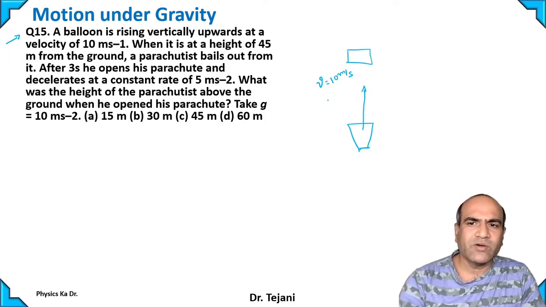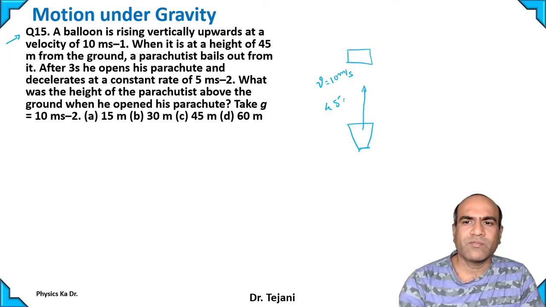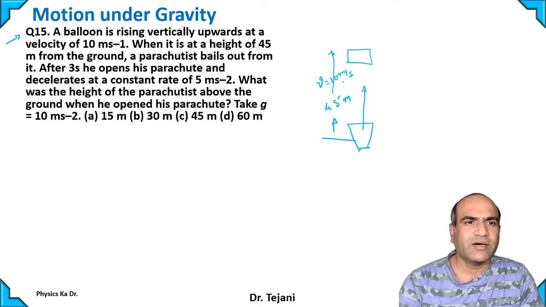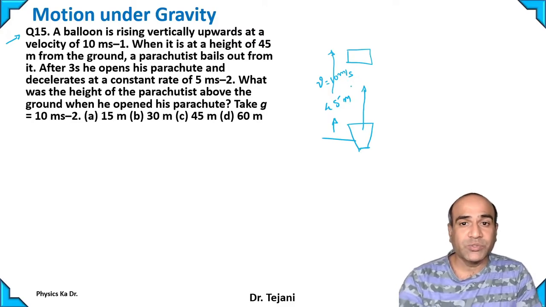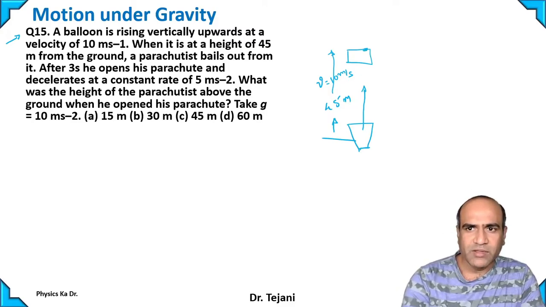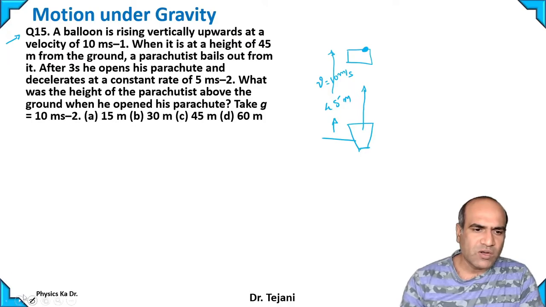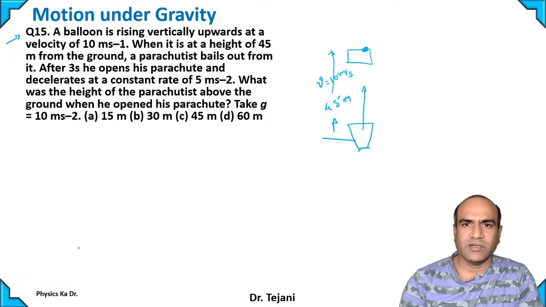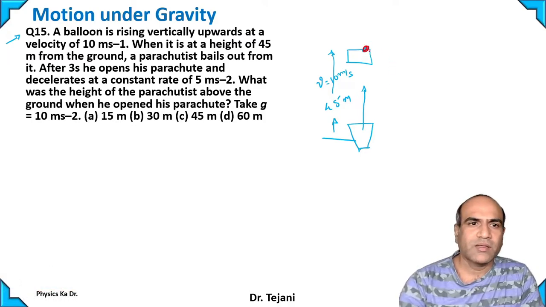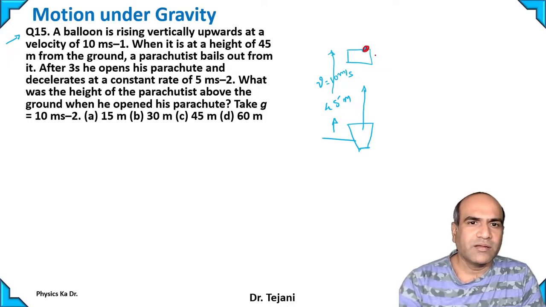When it is at a height of 45 meter from the ground, a parachutist jumps. This time it is not a stone, but a parachutist, a person, who bails out from it.